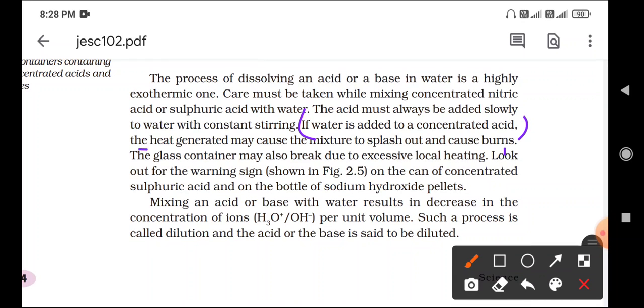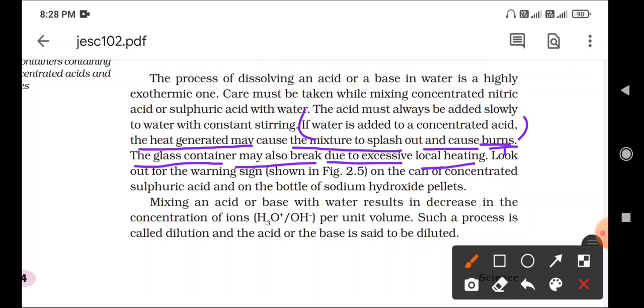The heat generated may cause the mixture to splash out and cause burns. Burns means our skin will be burned. And the glass container may also break due to excessive local heating.